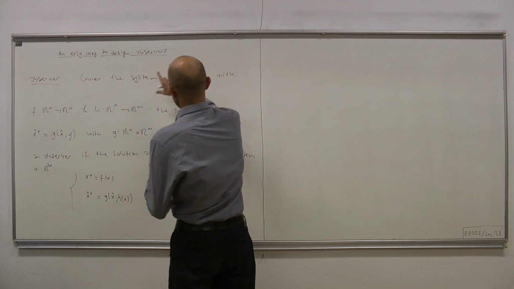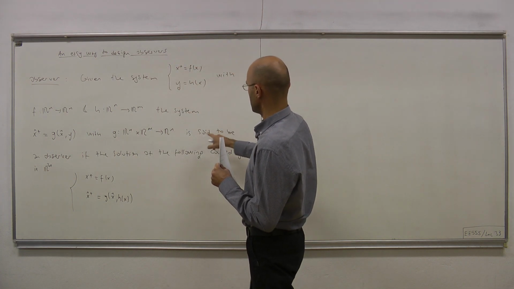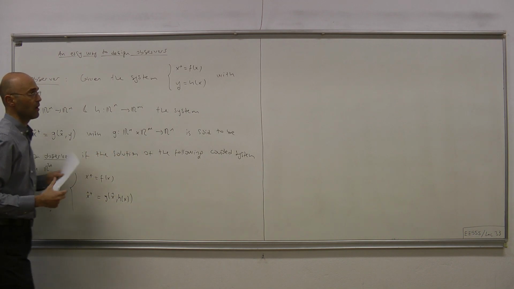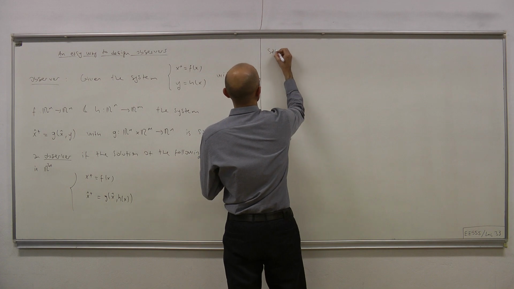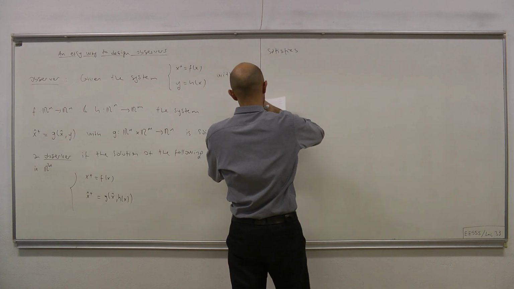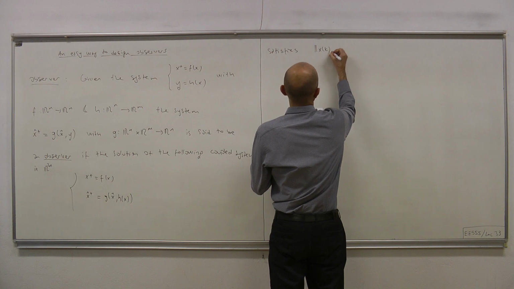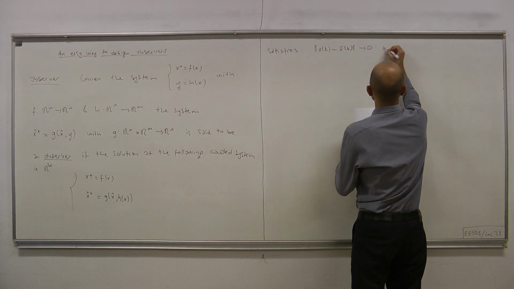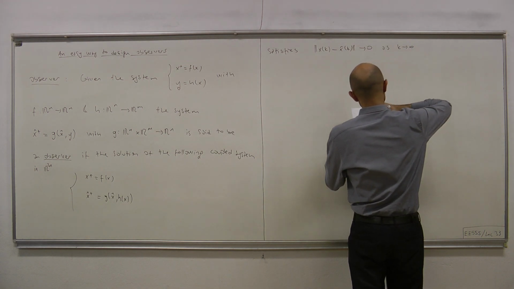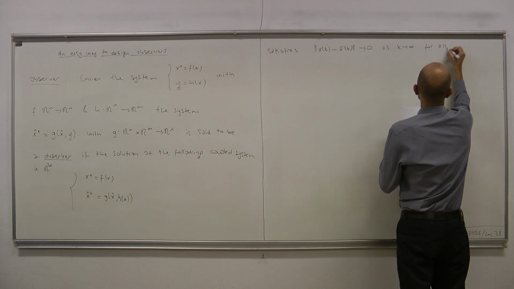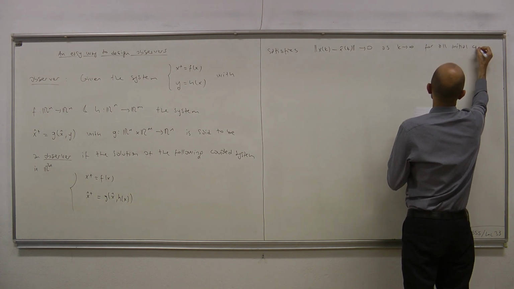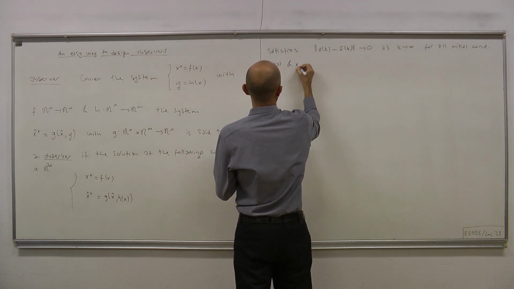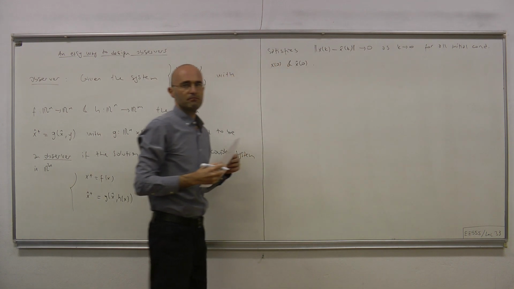Once again, given the system, such a system is said to be an observer if the solution of this coupled system satisfies the following convergence property, as k goes to infinity, for all initial conditions x0 and x hat 0.